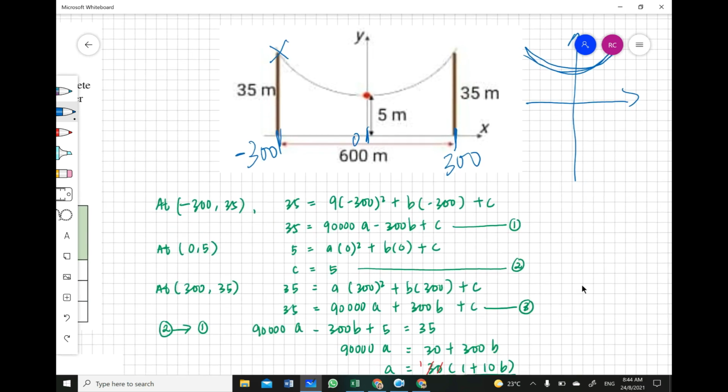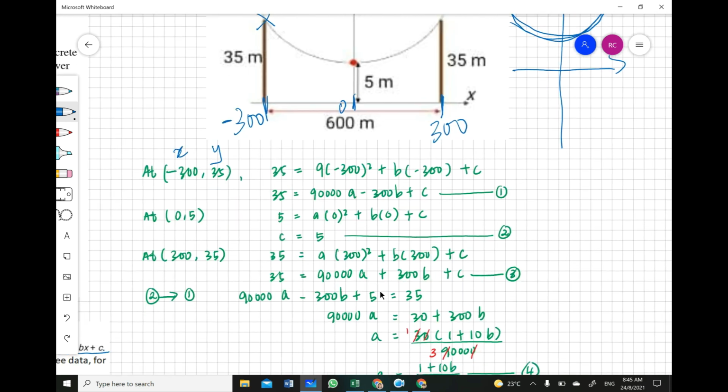Yes. So same thing, we are going to make the substitution into y equal to ax squared plus bx plus c. So the y is 35, this one, and then the x is negative 300. So I substitute the x into this and also this. Same thing for the second one, also we solve it that way, and for the third one.